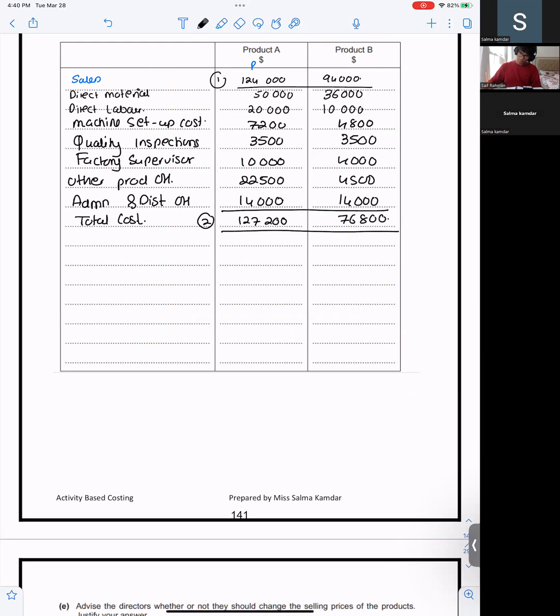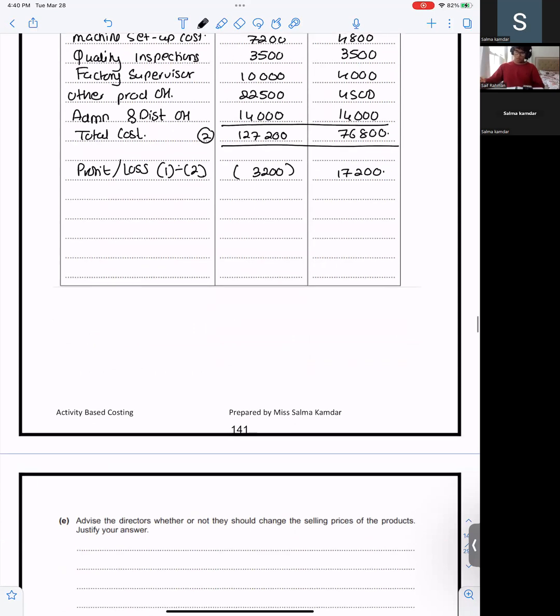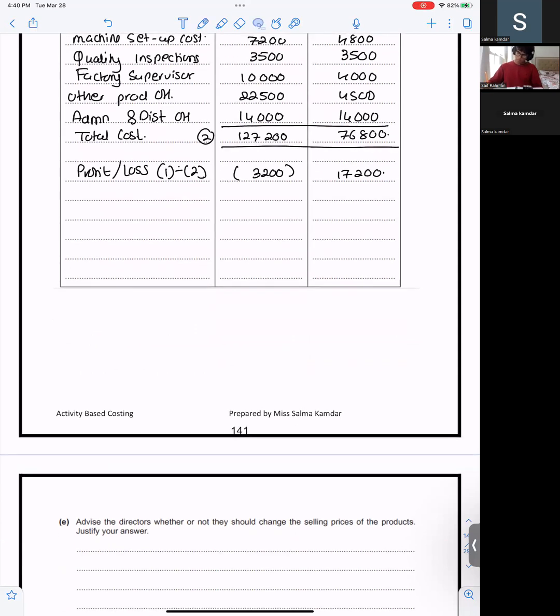So the profit or loss, it will be 1 minus 2. So 3,200. This is loss. And over here it is 17,200. Profit.